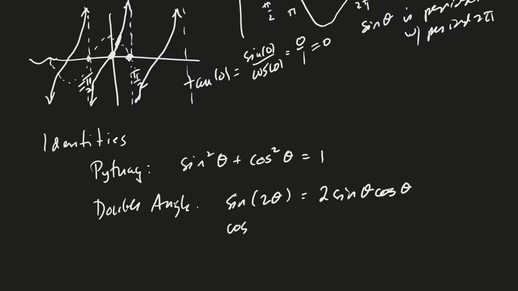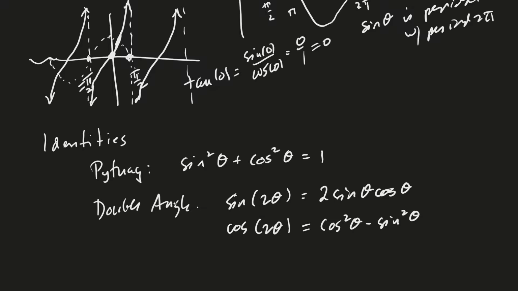And then cosine of 2 theta has multiple representations. Well, I'll just write down that cosine squared theta minus sine squared theta is probably one of the most popular ones. Now to prove these, the typical way to do that is through a sum and difference formula, which is on your cheat sheet, but I'm not going to ask you to prove it. Sometimes the sum formulas are nice to know.